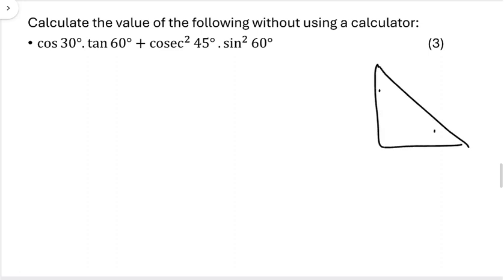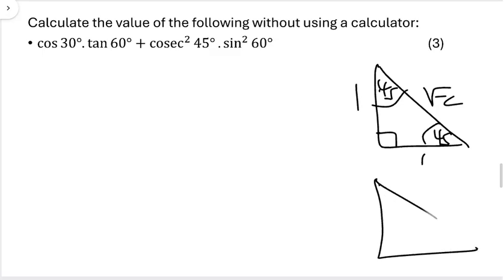So I know that I have 45 here, 45 here, 90. These two angles are equal, so this is 1 and 1. And then I have square root 2 here. Then I go to the 3 to 1. I have 30 here, I have 60, I have 90, then I have 3 to 1.